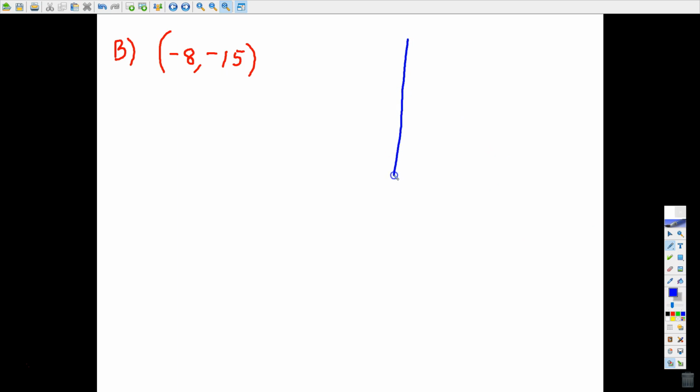So let's take a look at an example. I think you're probably better off if you go ahead and draw just a rough sketch of this. The point -8, -15, this doesn't have to be anything fancy. Here's -8, and we'll put -15 a little bit lower.